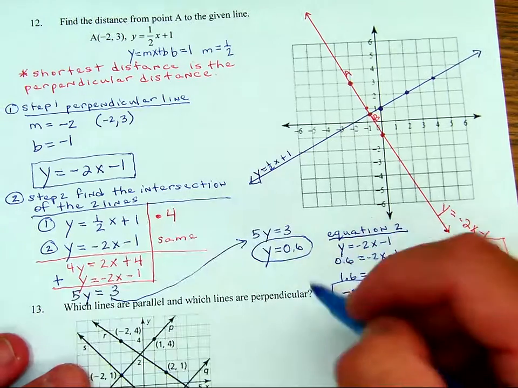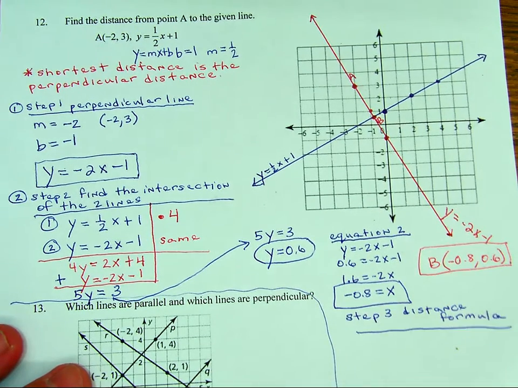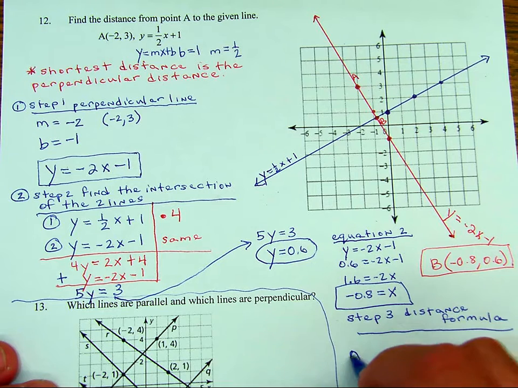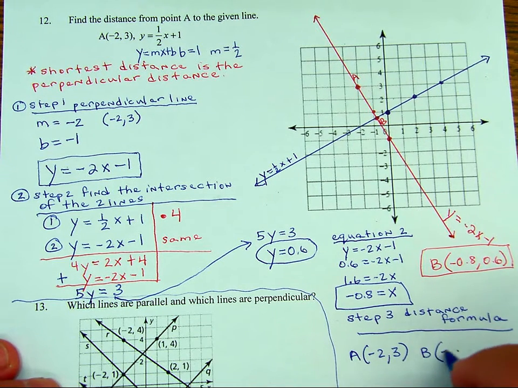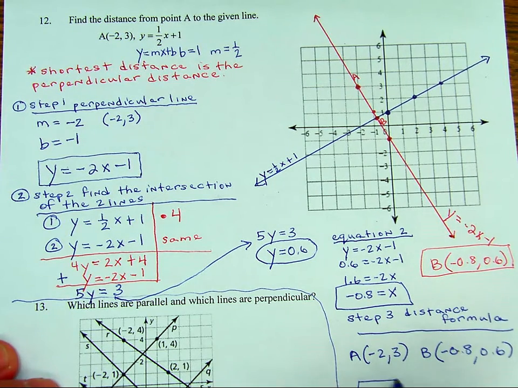So I'm still on problem 12. To find the distance between point A, which was negative 2, 3, and point B, which was negative 0.8, 0.6, I'm going to substitute into the distance formula.